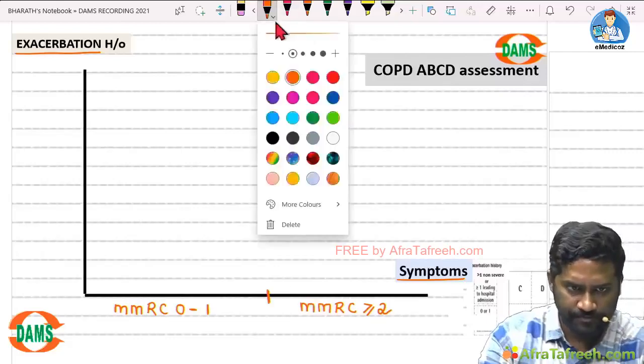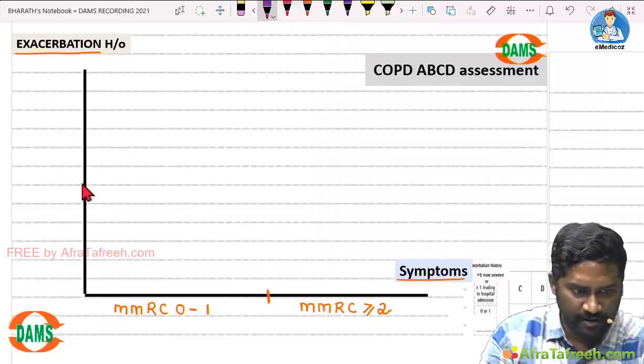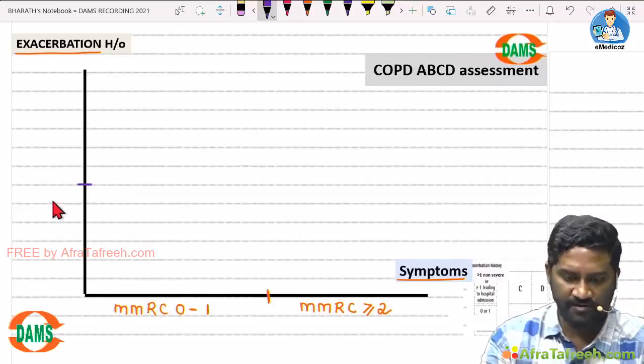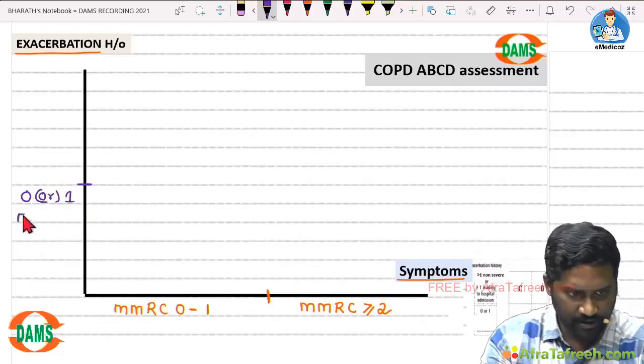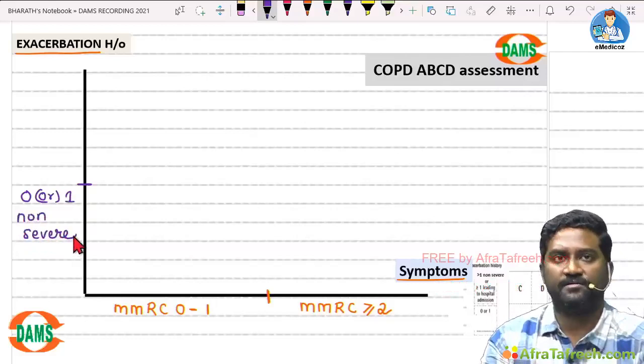Then exacerbation history: less exacerbations, more exacerbations. In last 1 year, how many times the patient worsened? Less exacerbation means 0 or 1 non-severe exacerbation.